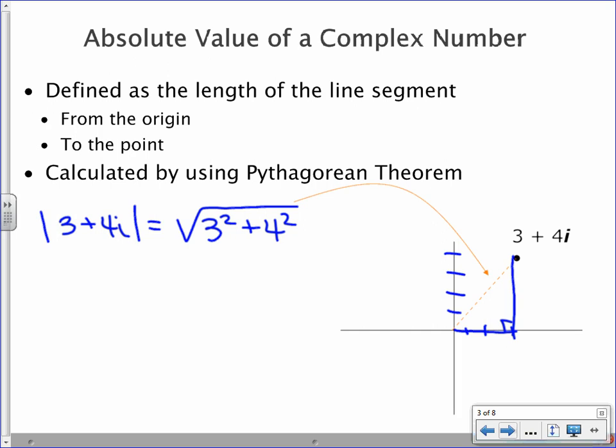No. But the length of that line segment is the same as the length of a vector. So the absolute value of 3 plus 4i is 5. That point is 5 away from the origin.